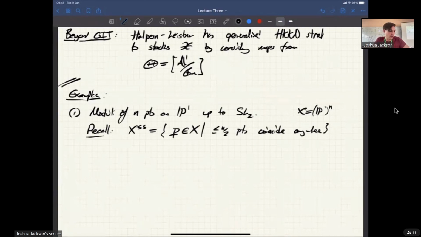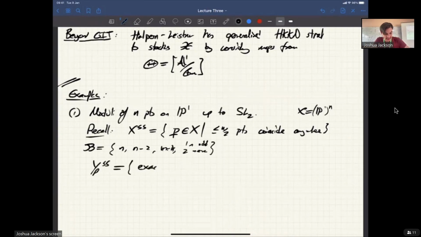And that's exactly right. So the index set here is just going to be a sequence of integers that goes like this, n minus 4 down to 1 if n is odd and 2 if n is even. And Y beta SS is the set where exactly beta points coincide at infinity in P1.